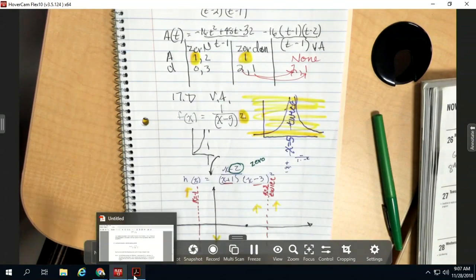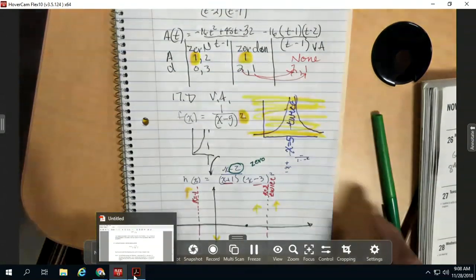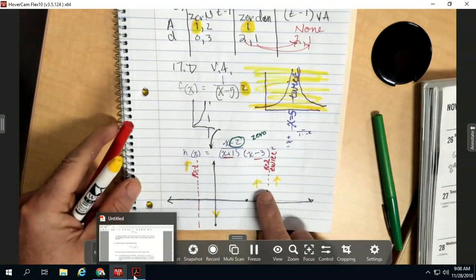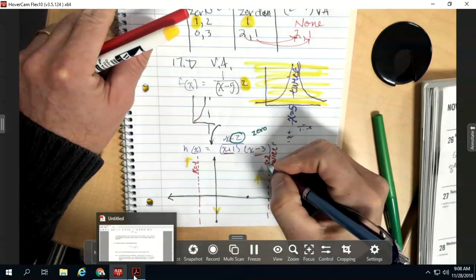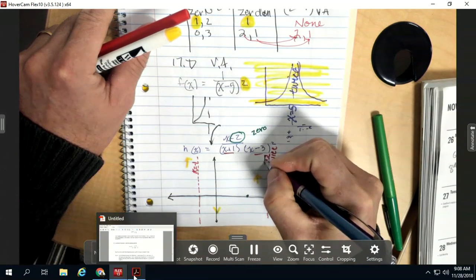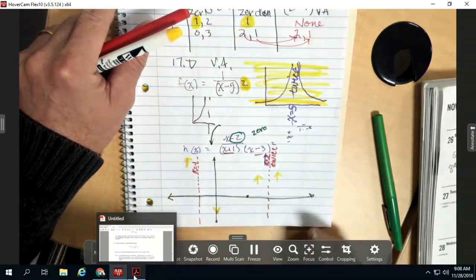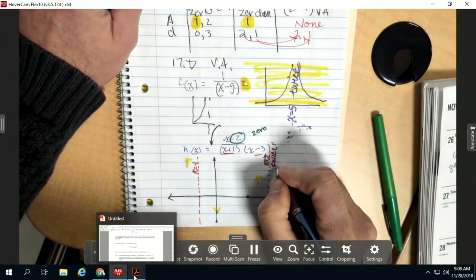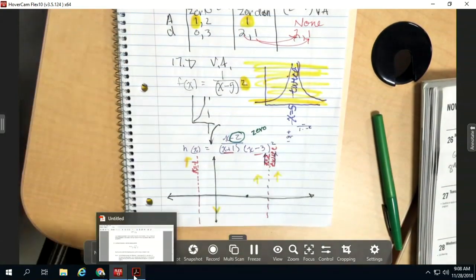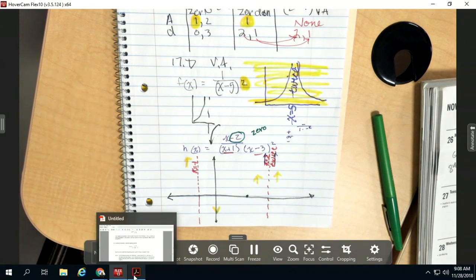Don't worry about the parts that are not near the asymptotes. Okay, so here's an asymptote. I'm going to use purple for my color. Would you agree on this side of the asymptote, my function is going to be going up? And on this side of the asymptote, my function is going to be going up because it's a twofer. And the closer I get to that asymptote, the closer I get to positive infinity.